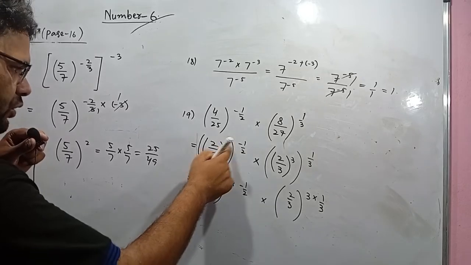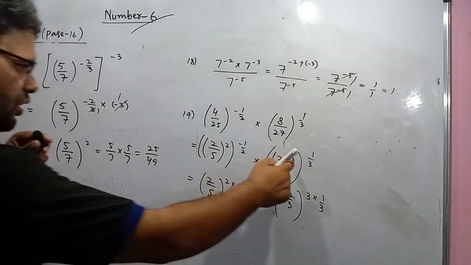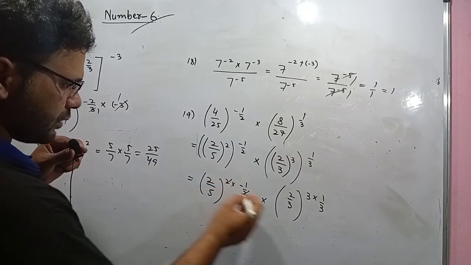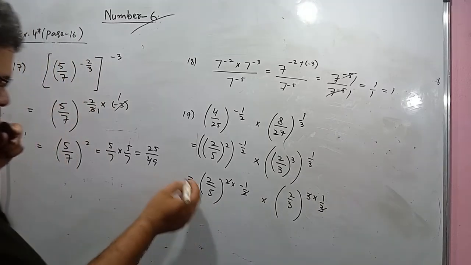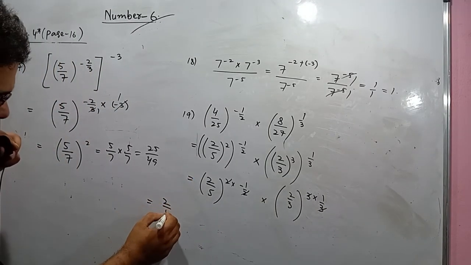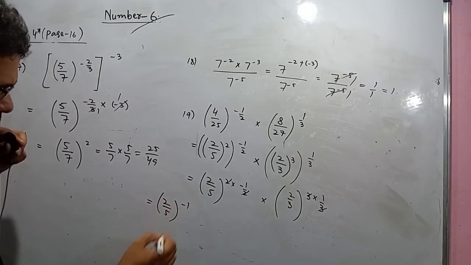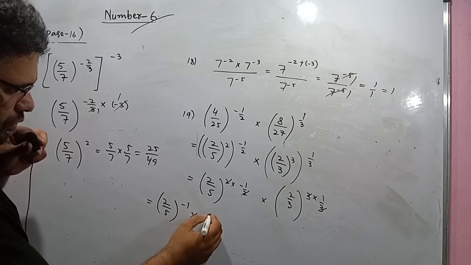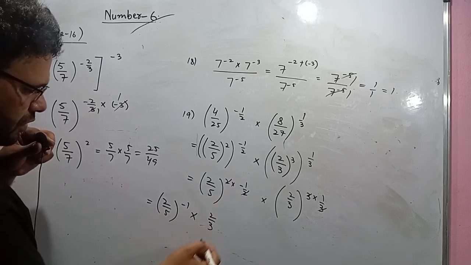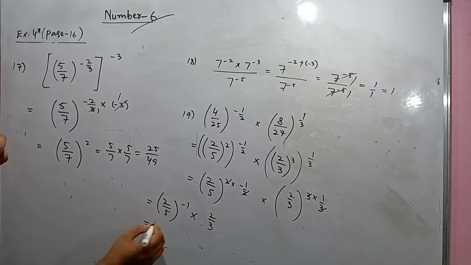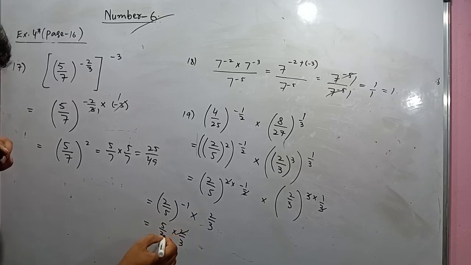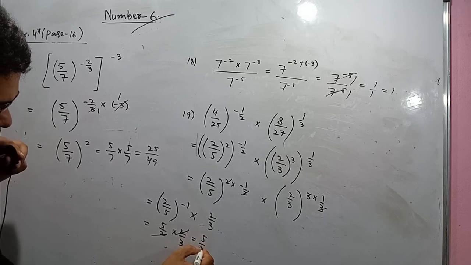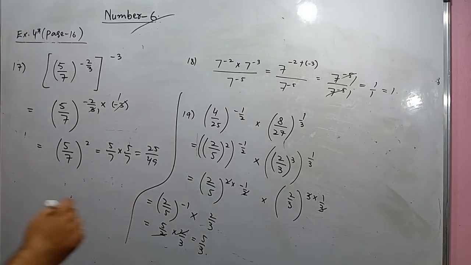You can see 2 into -1/2, 3 into 1/3, 2 2 cancel, 3 3 cancel. You can see we are getting here (2/5) whole to the power -1 into 2/3, its power is only 1. Here we will take its reciprocal to make it positive. That's 5/2 into 2/3. 2 2 cancel, it's 5/3. It is the answer of the 19th one.